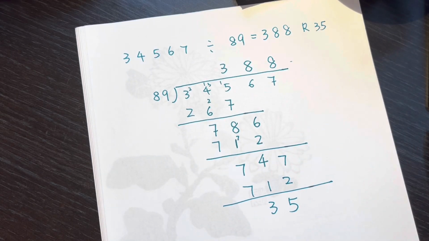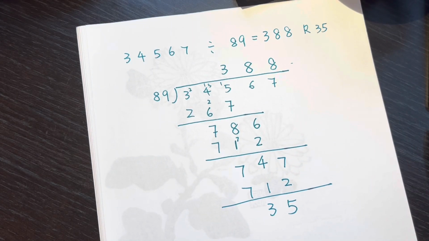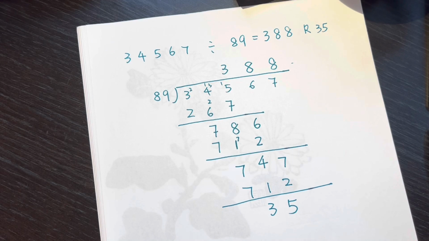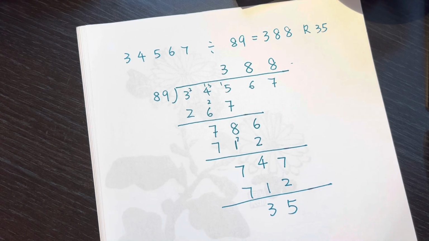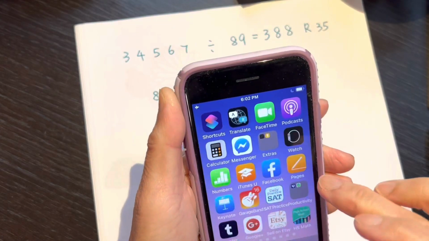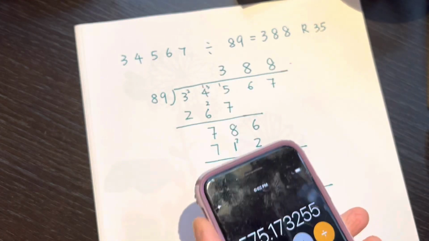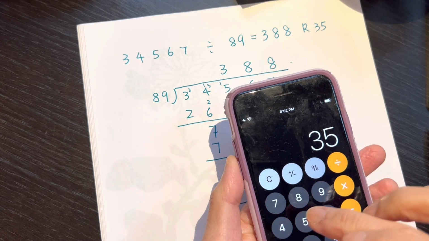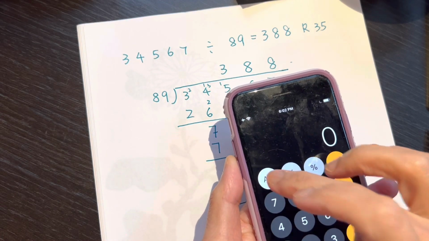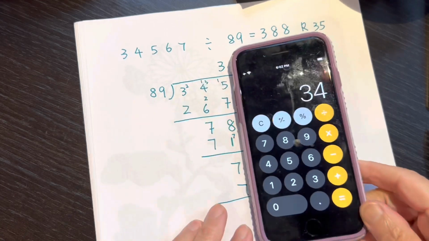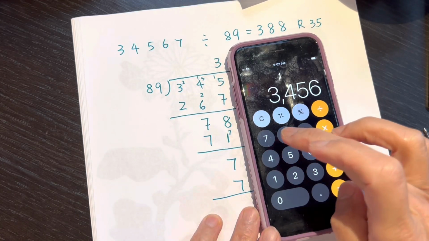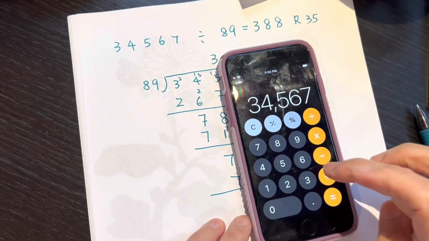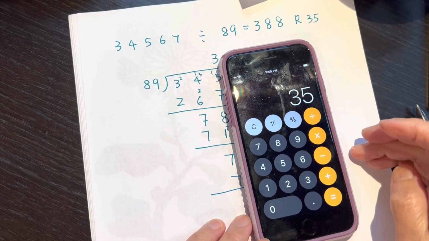Okay, let's prove if we are doing it right. Let's prove it. The remainder is 35. So 3, 4, 5, 6, 7. The remainder, I minus this remainder.